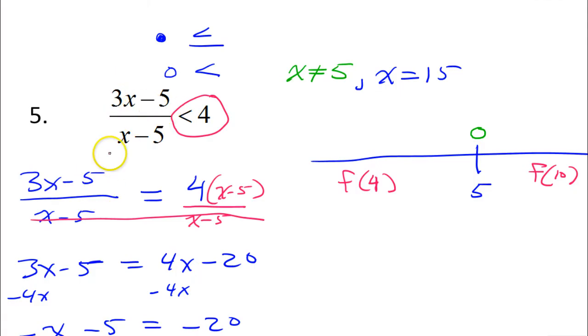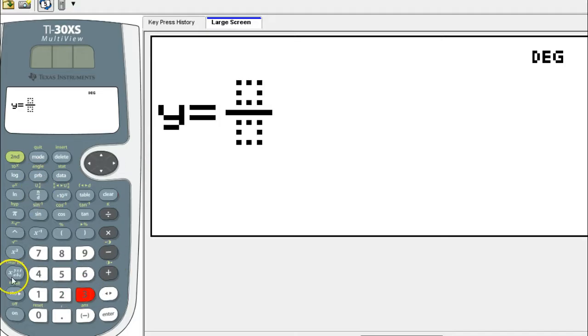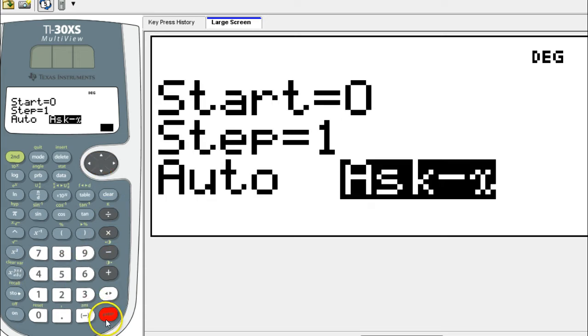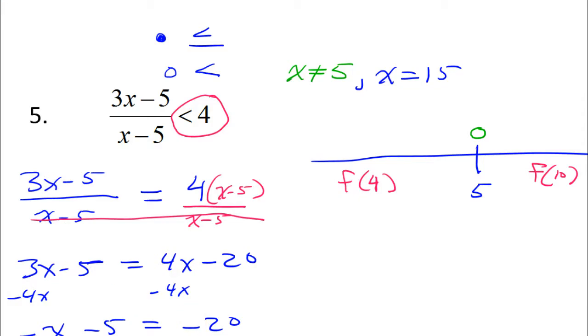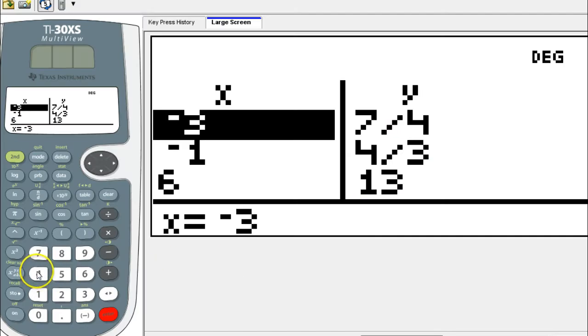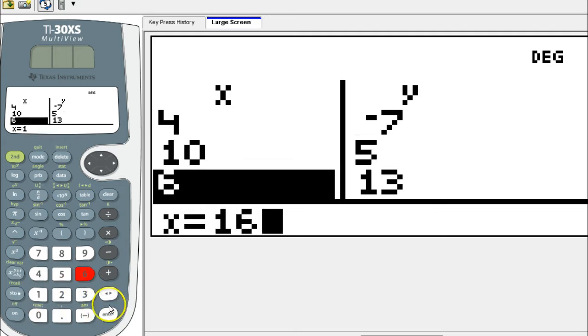So I've got (3x minus 5) over (x minus 5), and I want the values 4, 10, and 16.